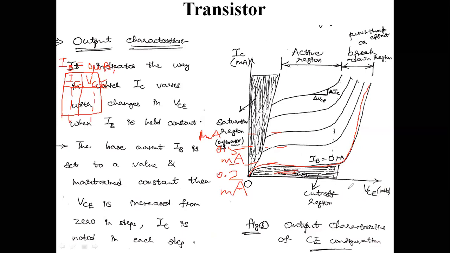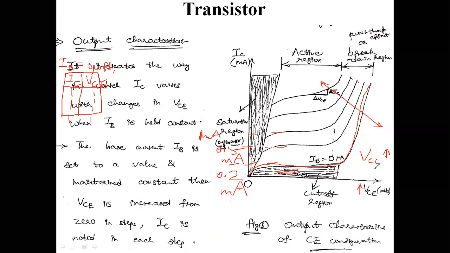If we increase it further, it may go into the condition known as the breakdown region. I can take this portion as the breakdown region. By increasing the VCC level, the VCE level increases.